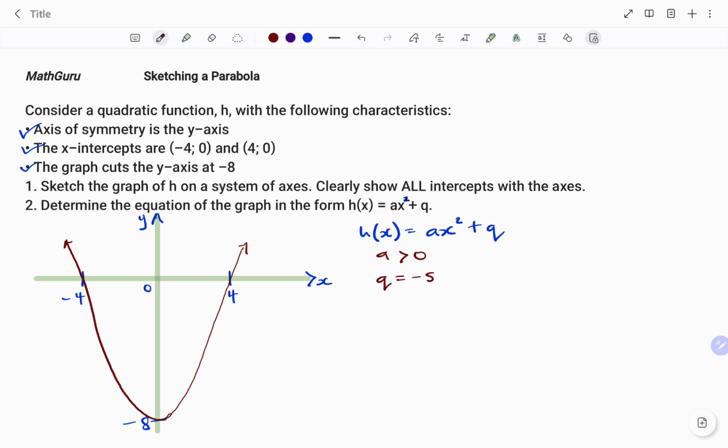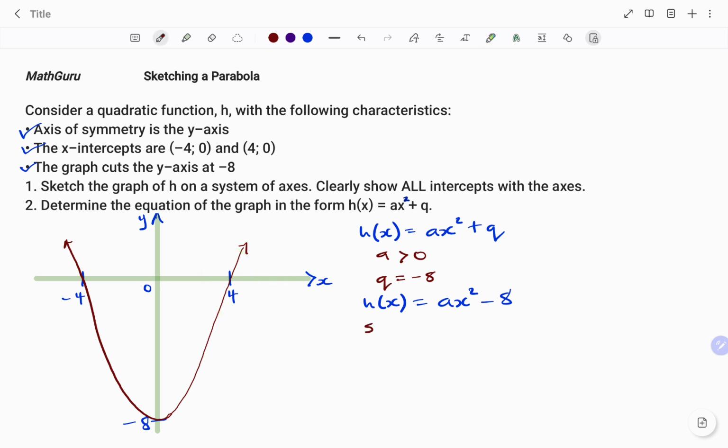equals -8. To find the value of a, I'm going to need to substitute a point on the graph. So with q equals -8, I have h(x) equals ax squared minus 8 as shown. To find a, I'm going to pick a point on the graph. I'll pick the positive x-intercept.